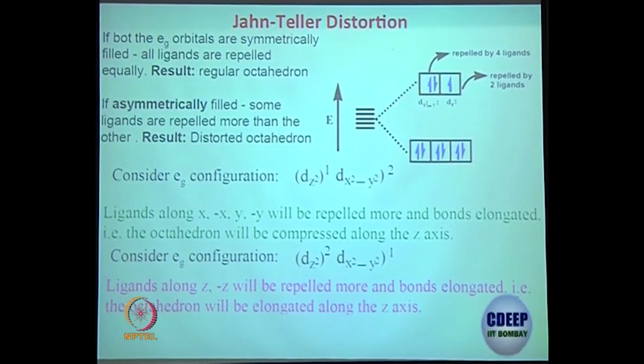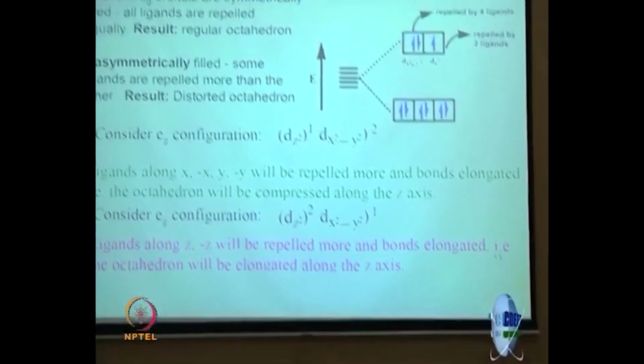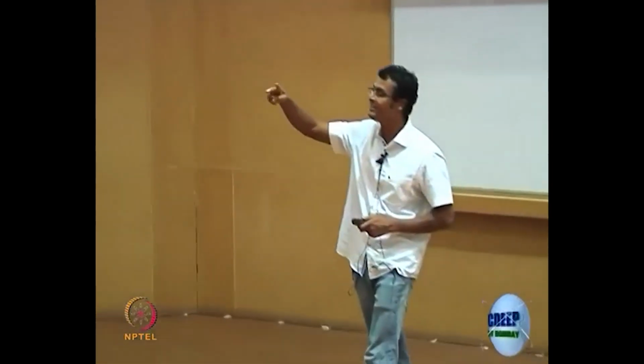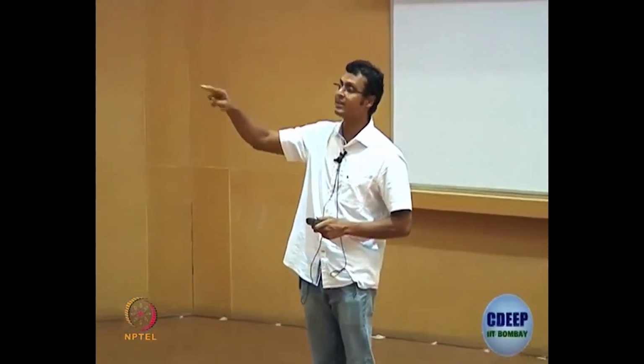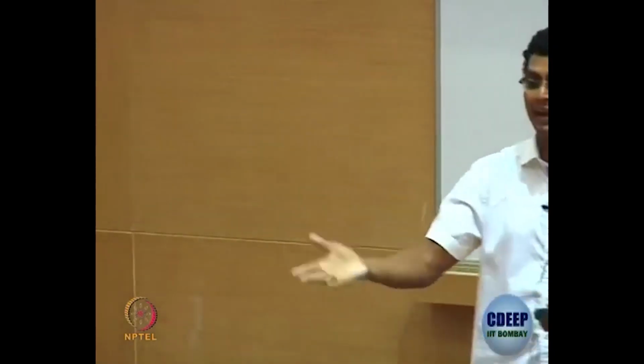The Eg2 scenario we have already discussed. Eg2 is the one where most often we get D8, T2G6, Eg2. That is a D8 electronic configuration, it tends to go for a square planar one. Fine? You remain with Eg1 or Eg3.